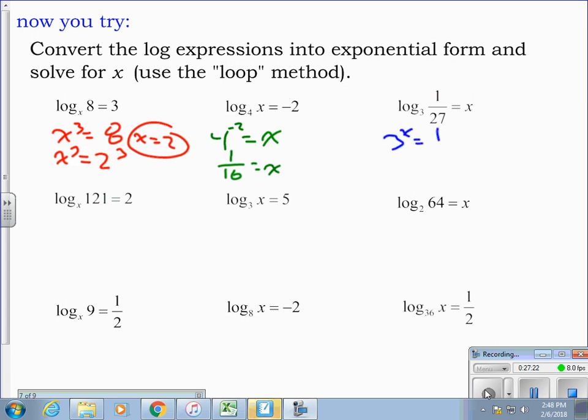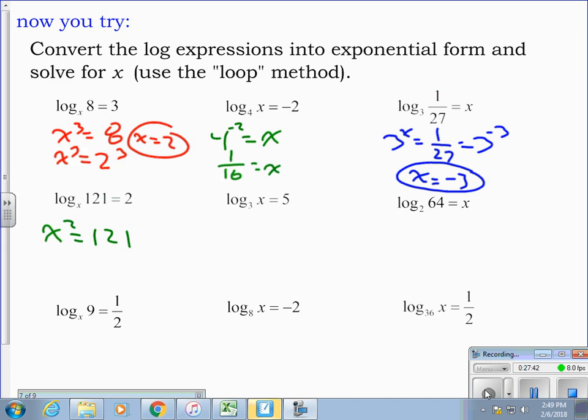3 to the x is equal to 1 over 27. 27 is 3 cubed, so that's 3 to the -3. So x equals -3. X squared equals 121.